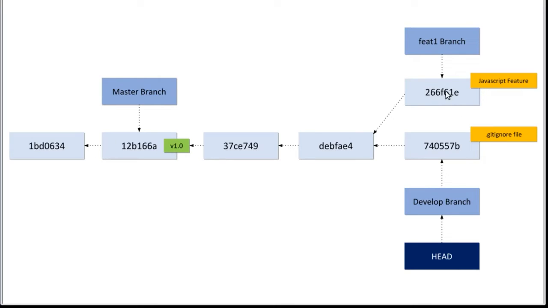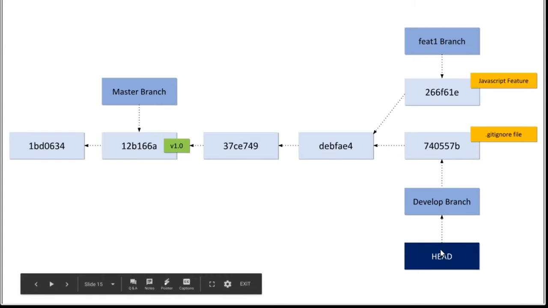So we've changed 3 files in this commit, and that's on the feature 1 branch. So you can see that the feature 1 branch pointer is pointing at that commit. And then you see down here, the develop branch is pointing at the commit where we added the .gitignore file.